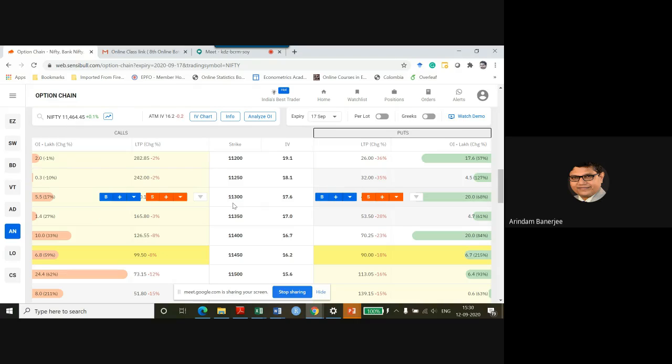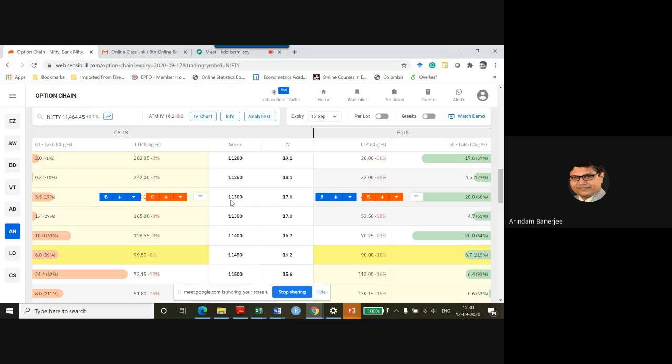So 164 rupees he can clearly make per unit of Nifty. So this type of option where the buyer can make immediate profit ignoring the premium is called the in the money option.